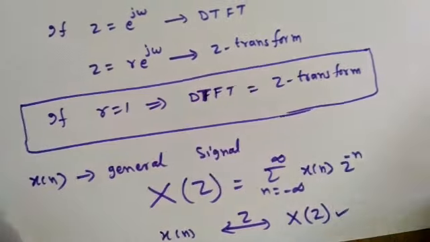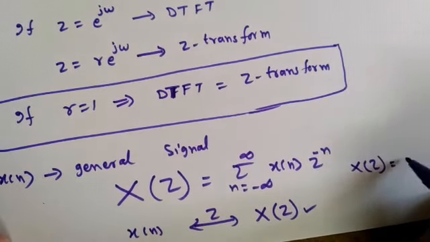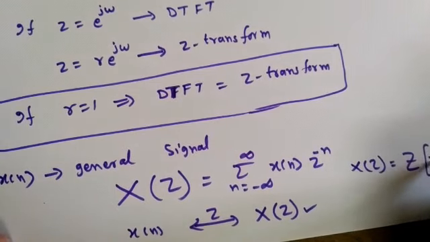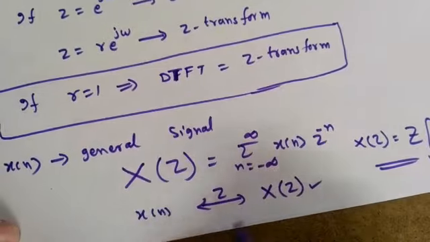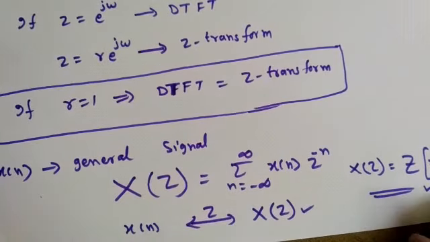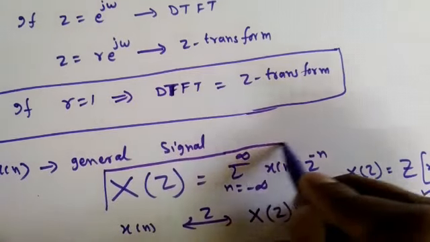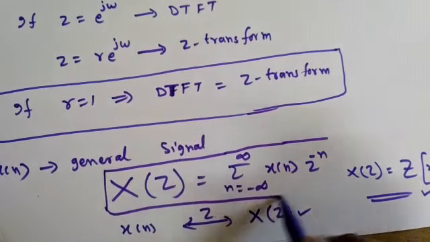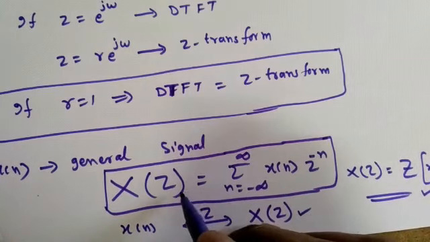Or this x of z can also be written as the z transform of x of n. Any notation we can use, but generally we go for this one. So this is the z transform formula. If I know x of n, we can find this z transform.